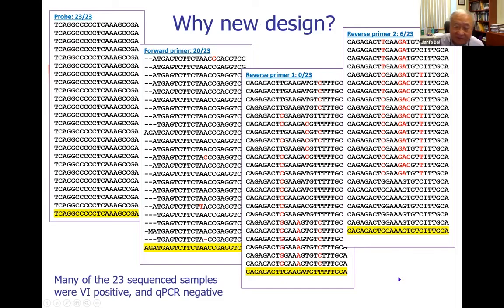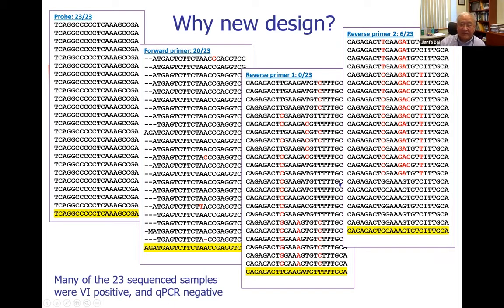Another example I like to mention is this swine flu sample. We have 23 virus isolation positives. Virus isolation is the gold standard for traditional virology detection. So they are truly positive, but we missed quite a few by qPCR, real-time PCR.